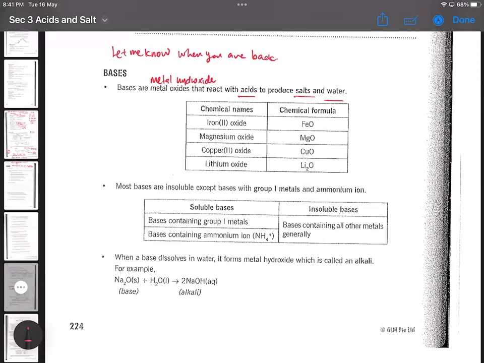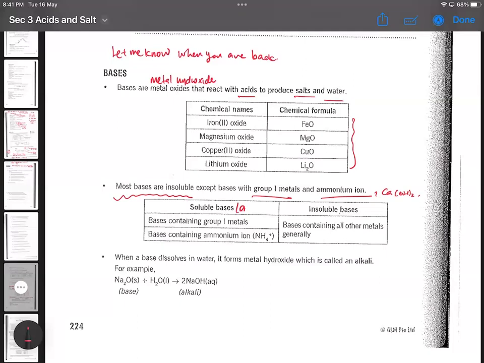Again, how to get the salt? We'll do it next week. So pretty lame like that. I mean, these are just examples, metal and oxygen. Okay, as you can see here, most of them are insoluble, except just how we mentioned, group 1, ammonium, and also calcium hydroxide. These are the ones soluble bases.